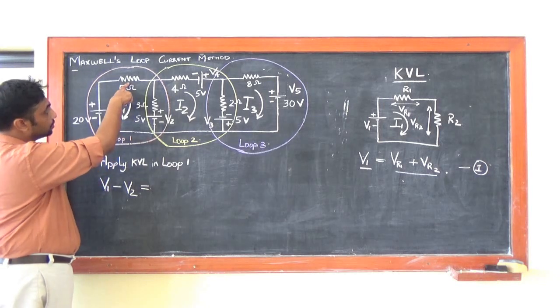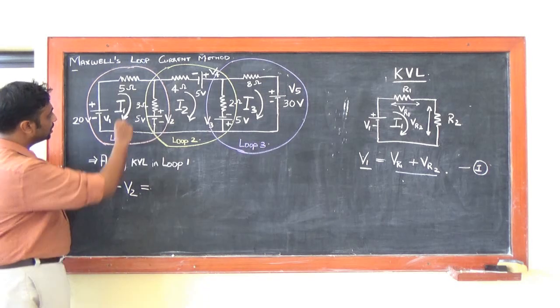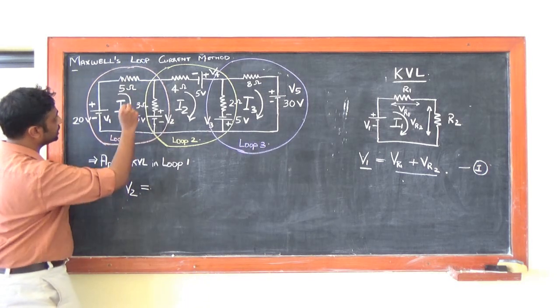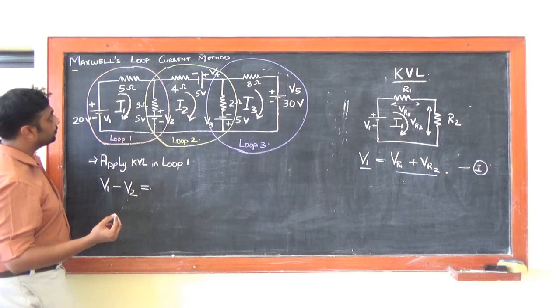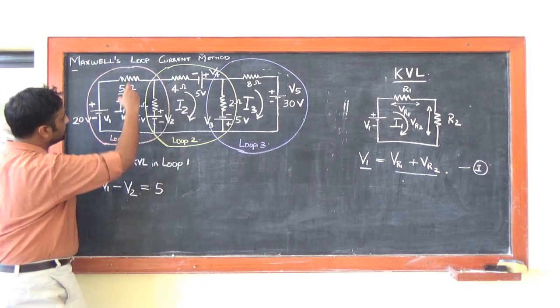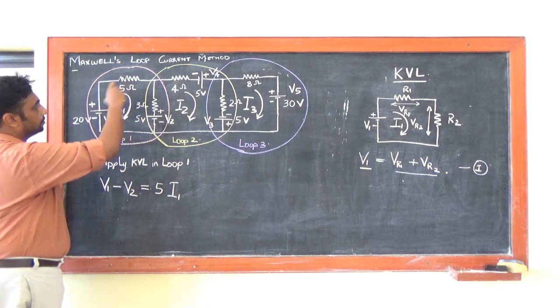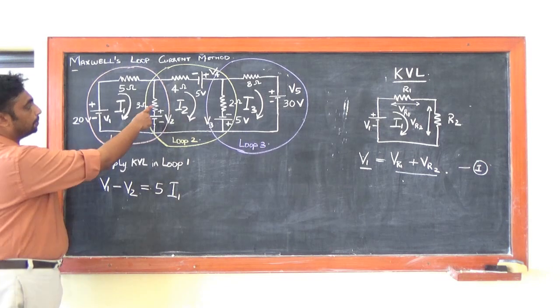I1. So I1 into 5 will give me the voltage drop across this resistor: 5 into I1.